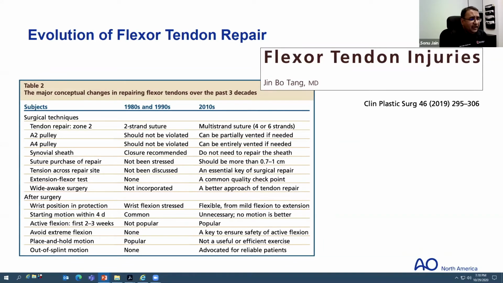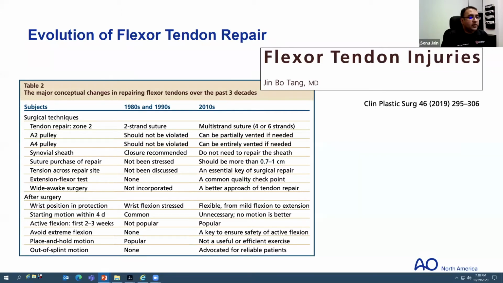We thought that the A2 pulley should not be violated, but now we realize we can partially vent it. The A4 pulley shouldn't be violated before, but now we can vent the whole thing. We don't need to repair the synovial sheath anymore. We want tension across the repair site. And we are also stressing getting adequate bite for the repair, about 7 to 10 millimeters into the tendon. That wasn't stressed before.